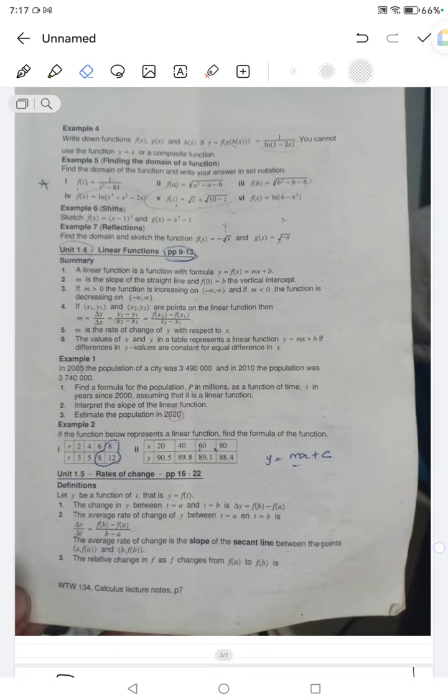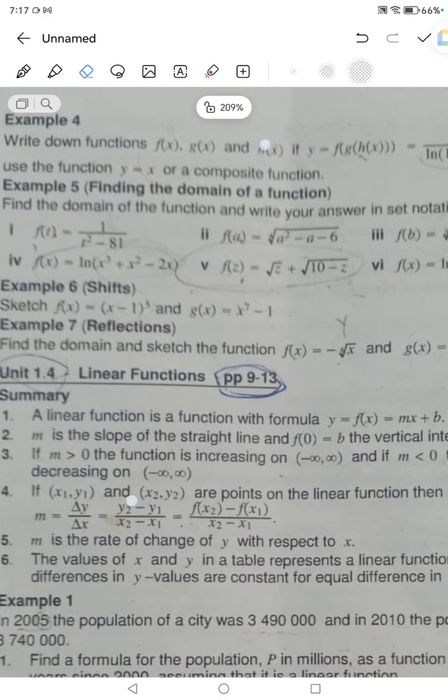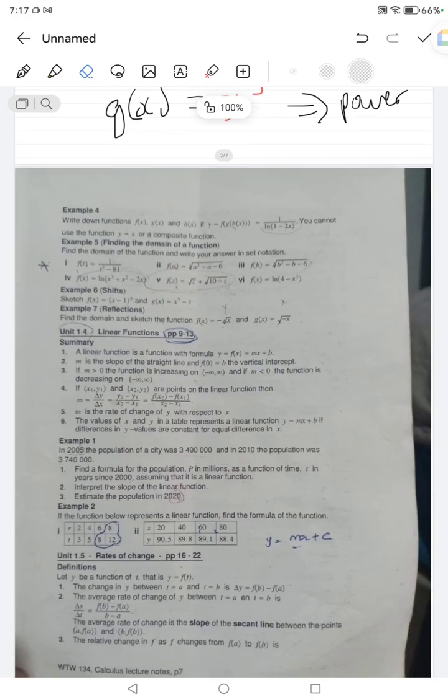Then the other one, let's just check. What do you have? Okay, you have f of x is your ln of x cubed plus x squared minus 2x. Let me just check from the book.